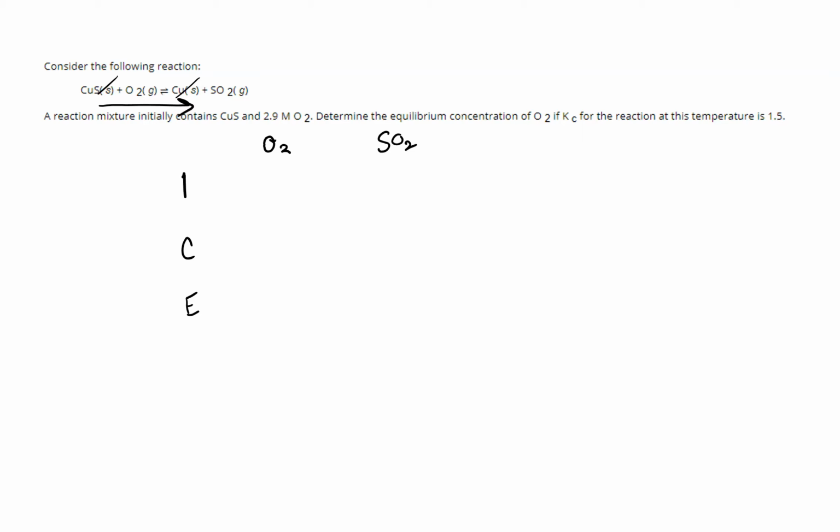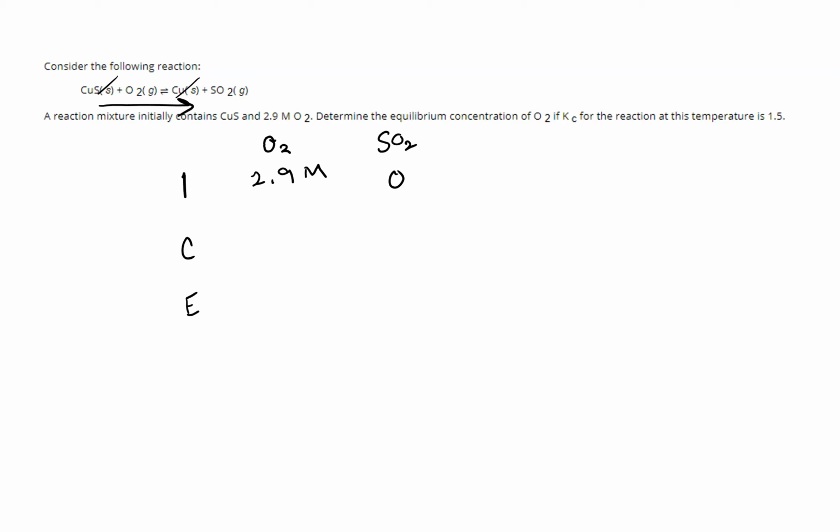And in this particular case, because the mixture only contained initially copper sulfide and oxygen, the sulfur dioxide is going to be at 0, and we know that the oxygen is given initially as 2.9 moles per liter.